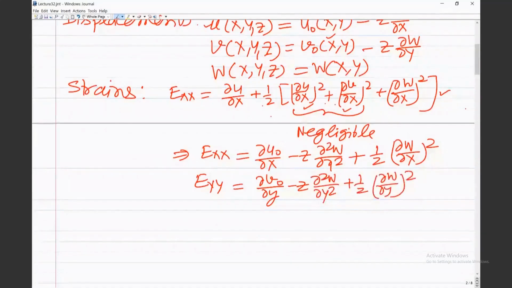So this is eyy, similar to exx. We are assuming that del u by del y square and del v by del y square are negligible, so you have this approximation.